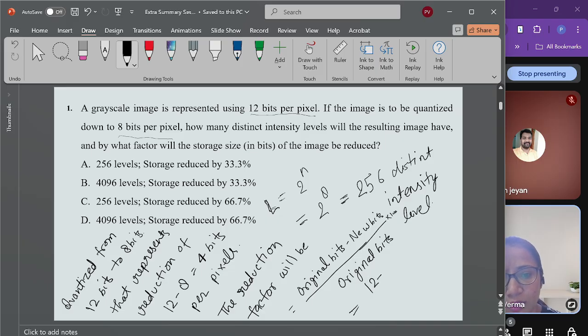So directly you can calculate it. 12 minus 8 divided by 12, so 4 by 12.